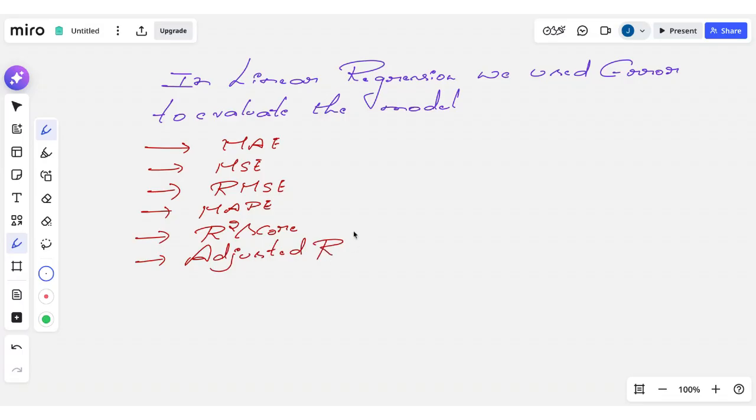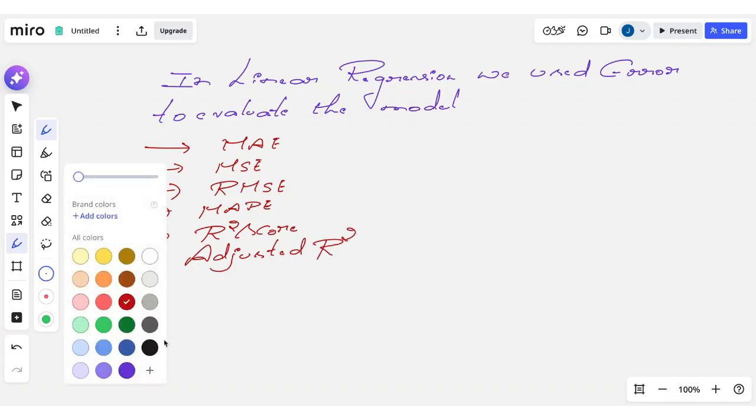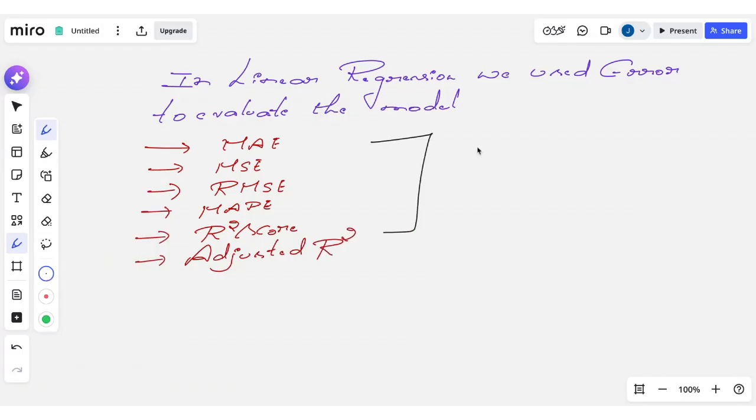These are the metrics used to evaluate a regression model, so we call them regression metrics. It is applicable only for this.